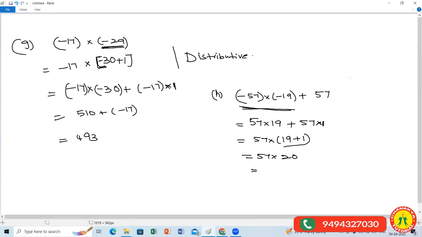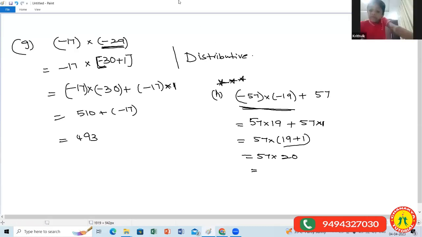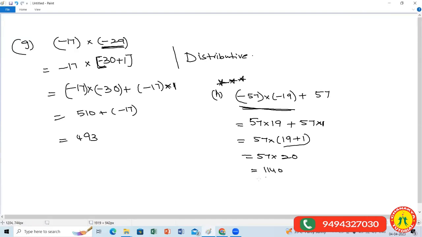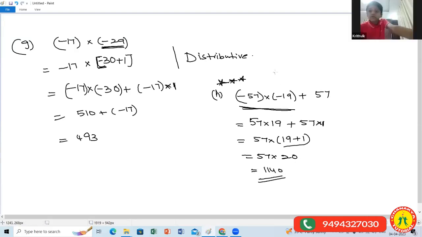Only that the clue is this bit is more important, children. Other day, Anubhav did this bit, even he multiplied with 1. I gave 3 stars to Abhinav also. Yes, ma'am. Is it, ma'am, 1140? 1140. Yes, correct. Which property we used?